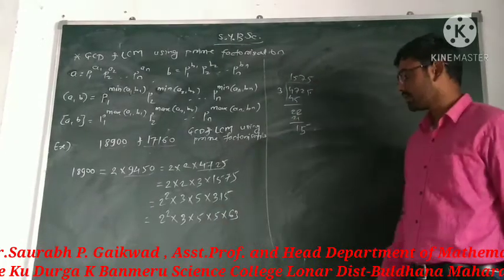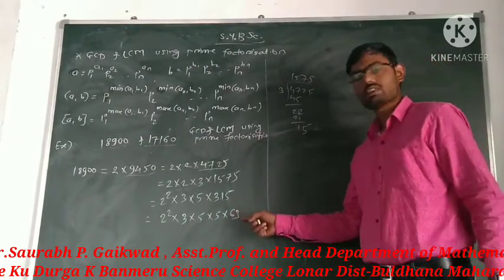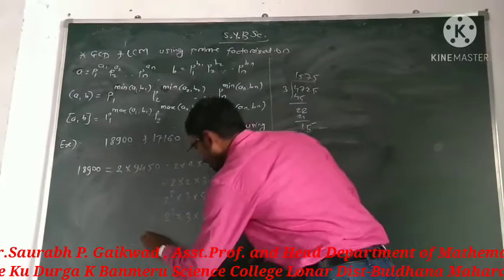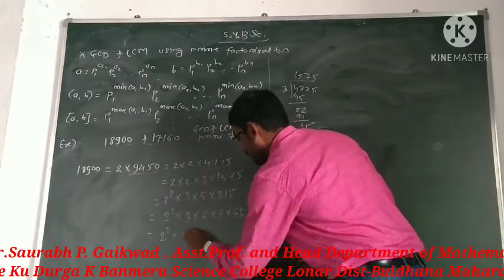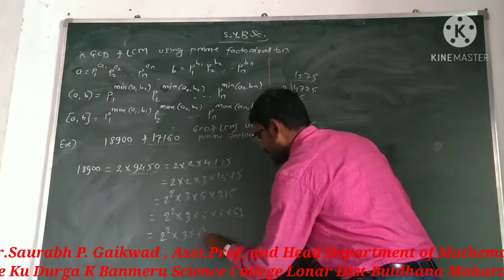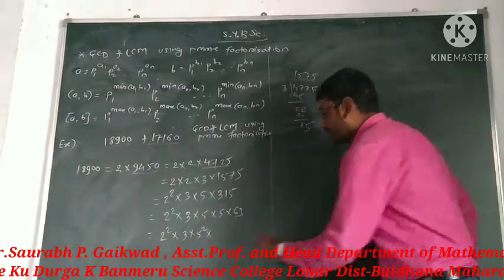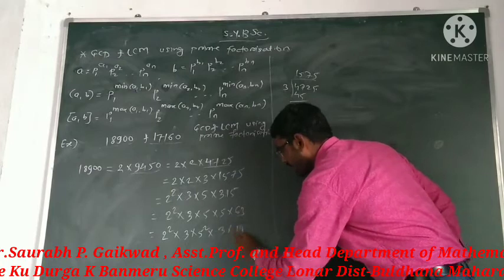Now 63 divided by 3 is 21. This number is equal to 2 square as it is, this 3 as it is, this 5 into 5 is 5 square, and again 3 into 21.